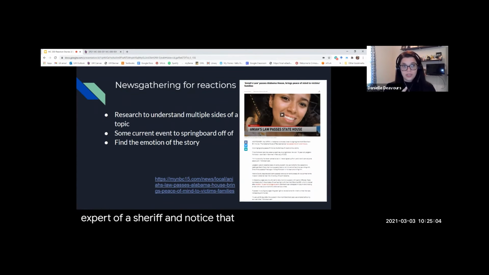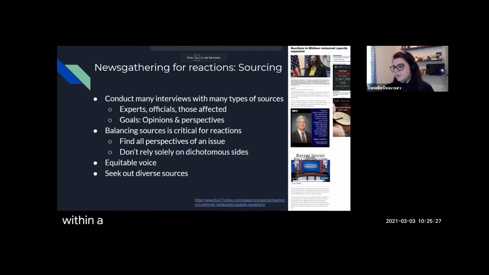And notice that the sheriff provides multiple perspectives because he gives the caveat of, yes, this will lead to jail overcrowding. However, this expert believes that it's worth it. Right. And so you're getting to see the multiple sides of even a unanimously passed bill. You still get to see the pros and cons. And that's very important to show within a reaction piece.